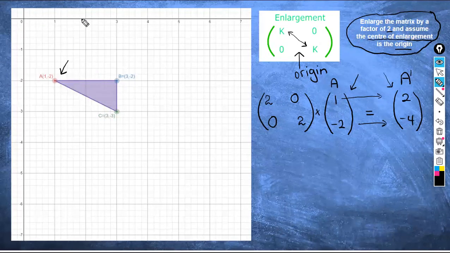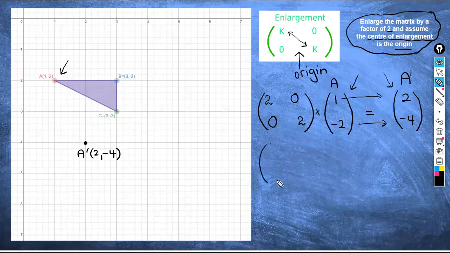So A becomes 2 minus 4. So A prime is 2 minus 4. Right? And guess what you have to do? You have to take this and do it for the other points.